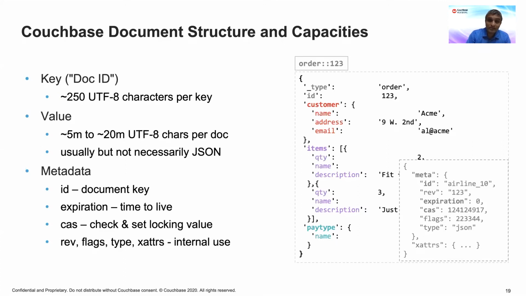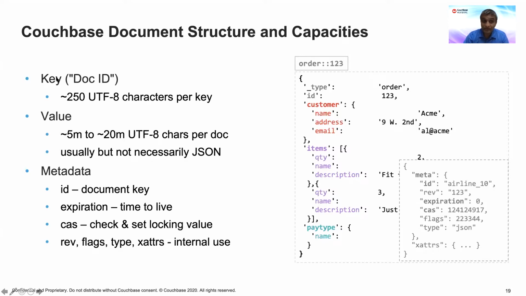When you talk about the structural capabilities, if you look at this as your JSON document that's stored in Couchbase, it has two parts, right? It has the metadata and it has the data. Data could be anything. It's not necessarily a JSON document, but preferably a JSON document. So this is an example of a JSON document that's stored, and this is the metadata, where metadata has the ID, the revision, the expiration, cache, flags, type, and optionally the extra attributes.